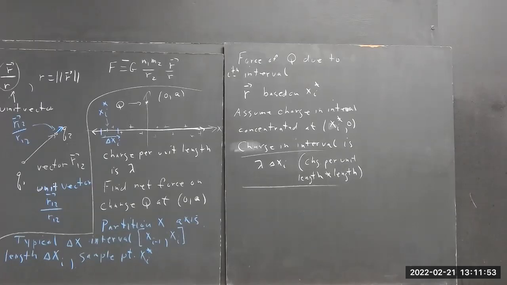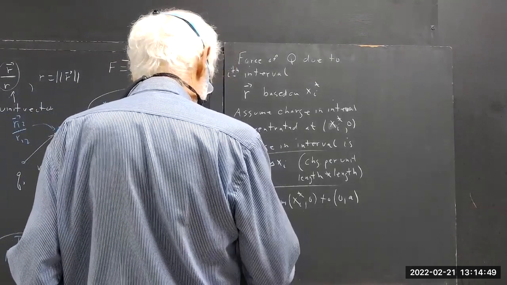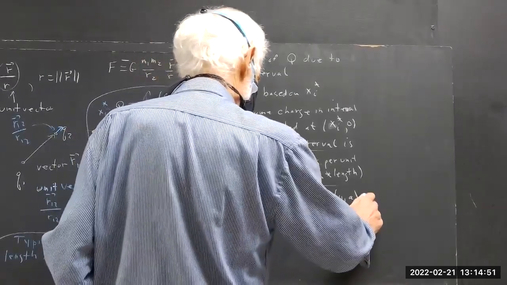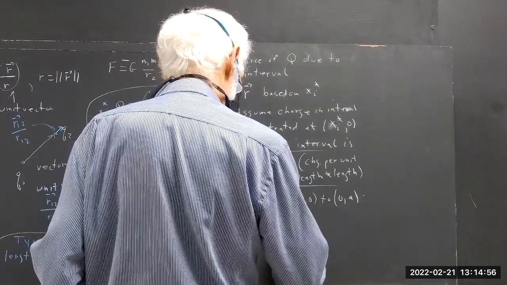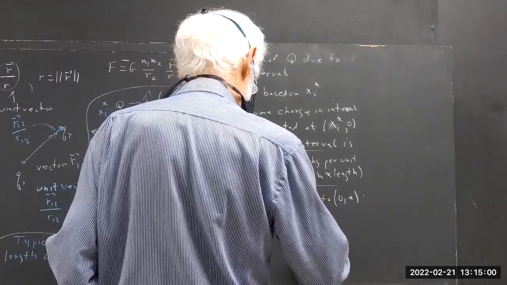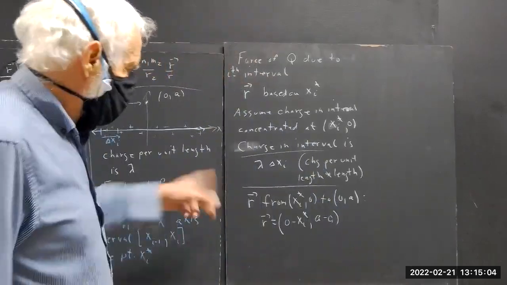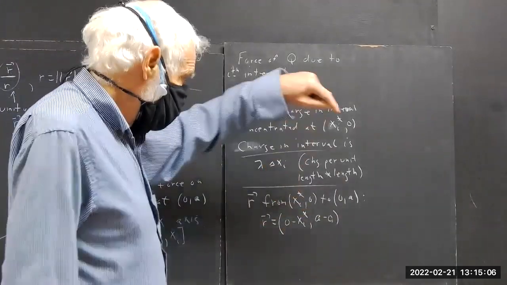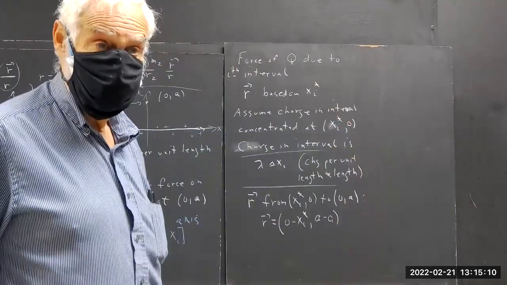force? Start with your R vector, that should be easy. You use the fact that you have two points: if you're going from this point to this point, you subtract where you start from where you finish.